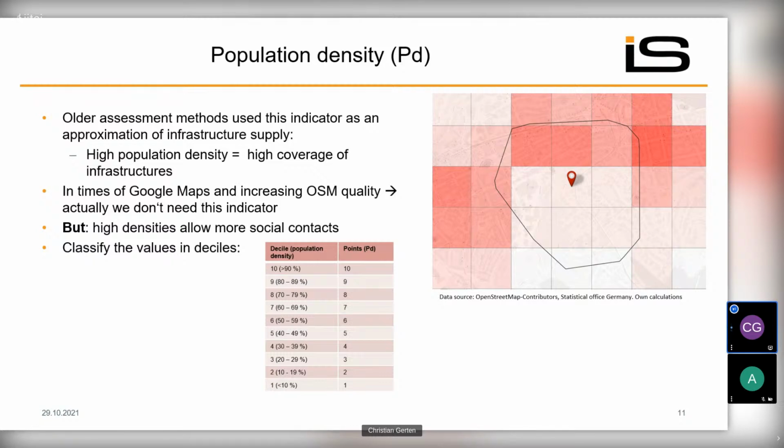So 10% of the cells with the highest population density get 10 points, down to the lowest 10%, which get just 1 point. This is a problem if you calculate the walkability for just 5 or 6 cells in an area. Then we need to say, okay, this indicator should be weighted with 0, so that it does not influence the walkability. But I can show you an example of that later on.